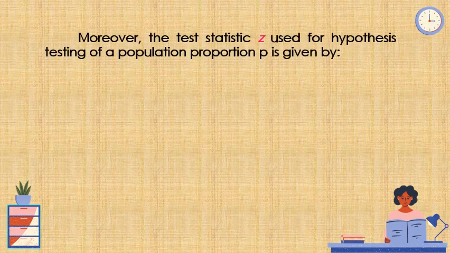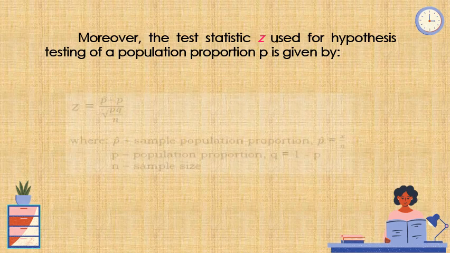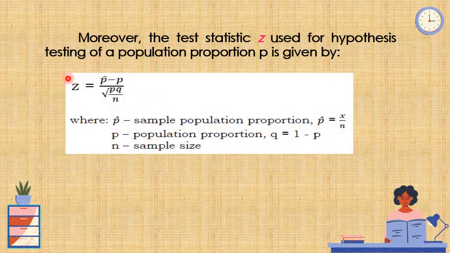Moreover, the test statistic Z used for hypothesis testing of a population proportion P is given by this formula. When we use the P-value approach, this is the formula of the test statistic Z. We have P hat minus P over the square root of PQ divided by N, where P hat is the sample population proportion.